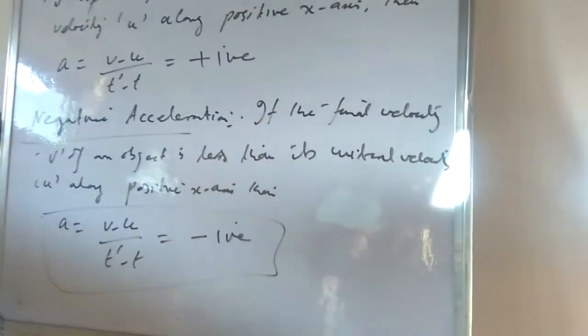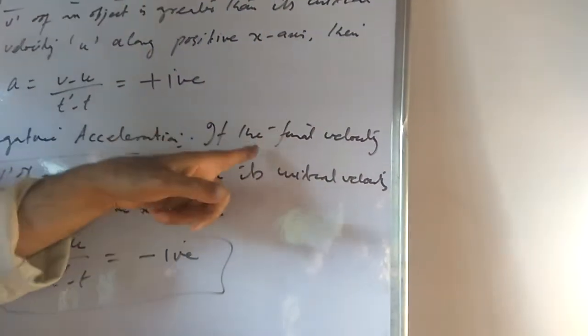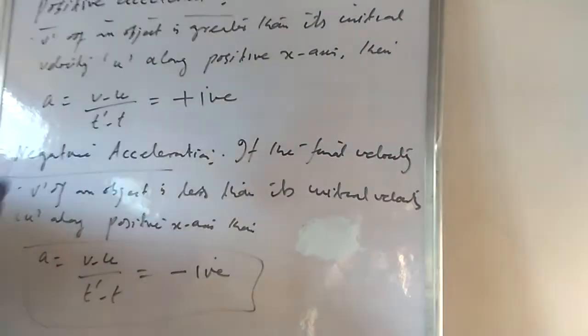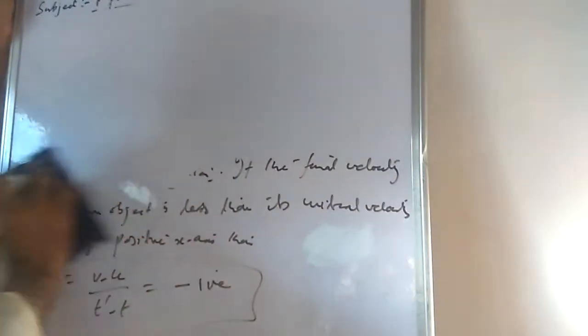That means the acceleration of a body is said to be positive when its final velocity is greater than its initial velocity, and the acceleration of an object is said to be negative when its final velocity is less than its initial velocity.